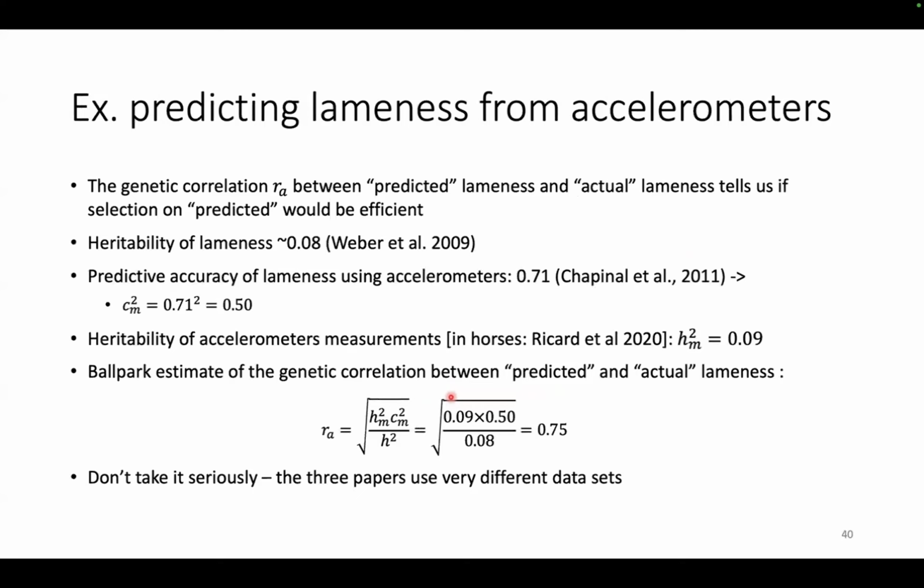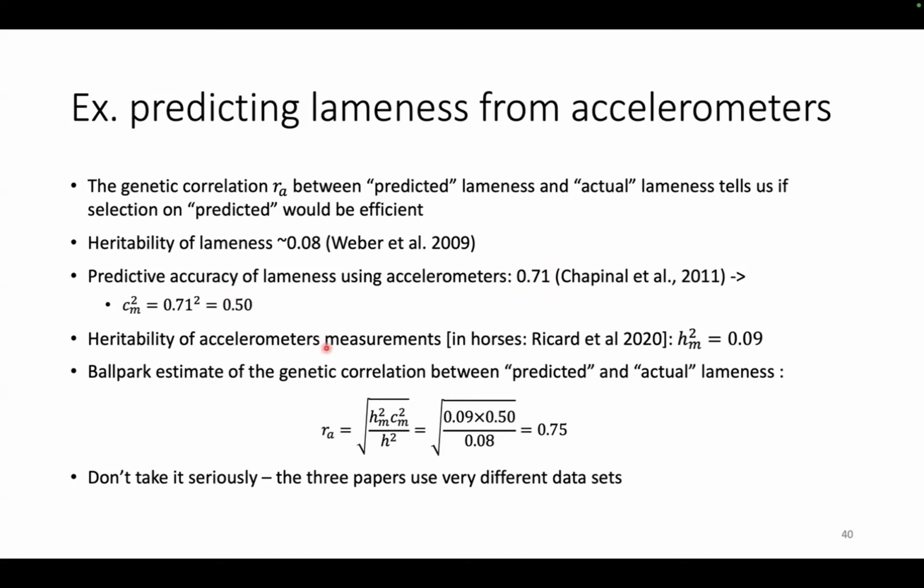Another example of this kind of reasoning is that people say we can predict lameness from accelerometers. I just pulled together three numbers to make the example. The heritability of lameness is 0.08, or 5, 10, depending. In this example it is 0.08, so it's low. You can predict lameness using accelerometers with a predictive accuracy of 0.71. This is a correlation, so the microviability, but it's the accelerometer ability, is 0.50, more or less.